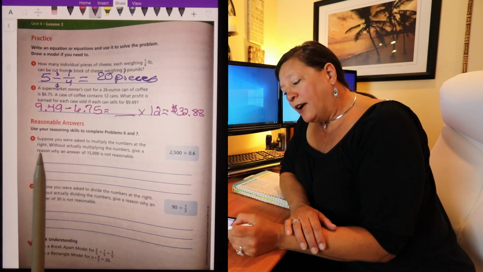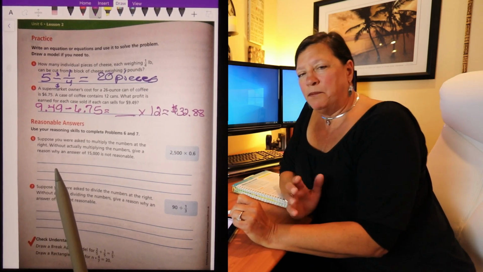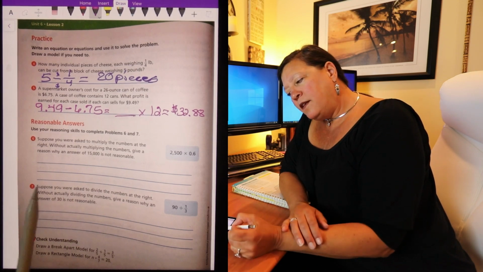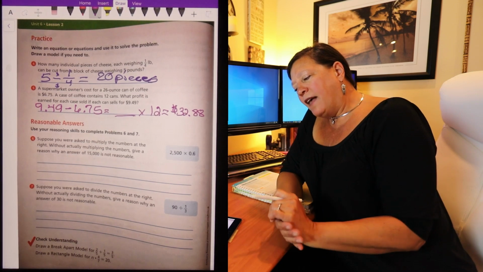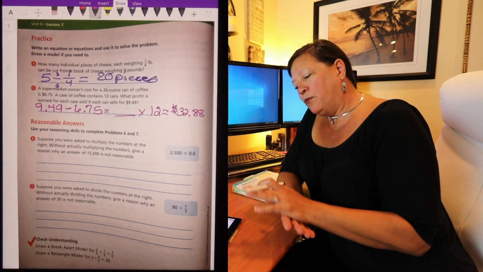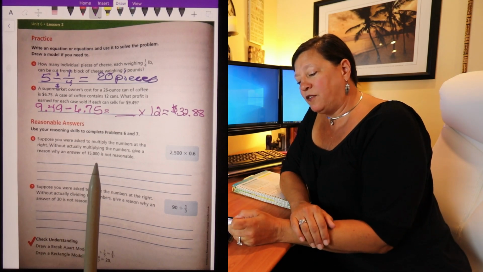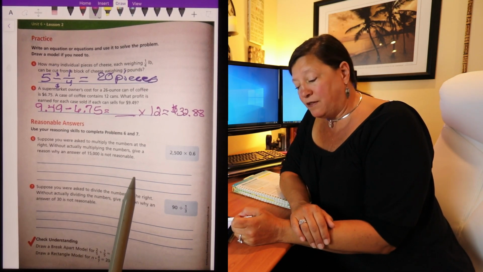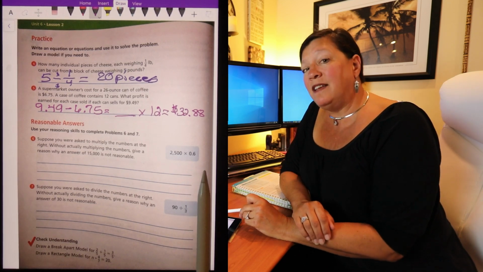All right, just like yesterday, we had a couple of problems where we're just looking at if something is reasonable or not. So we're going to do the same thing here. For number 6, suppose you were asked to multiply the numbers at the right without actually multiplying the numbers. Give a reason why an answer of 15,000 is not reasonable. So you have 2,500 times 0.6.